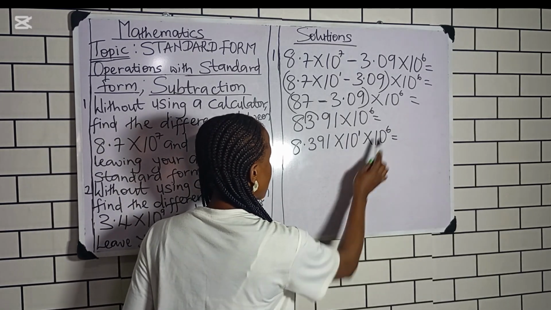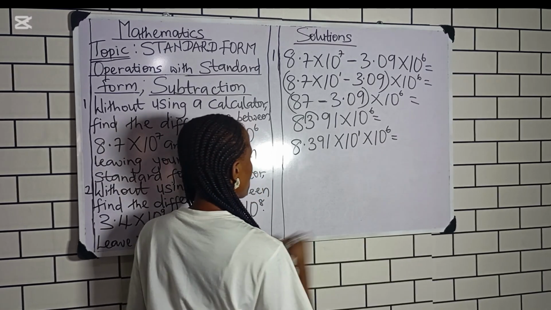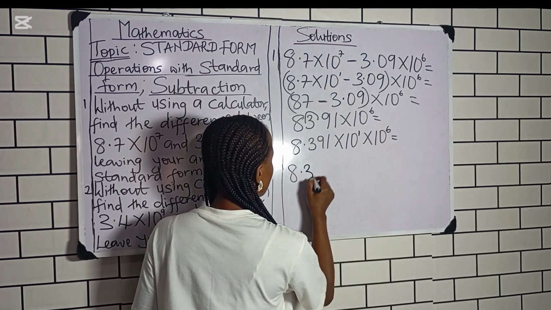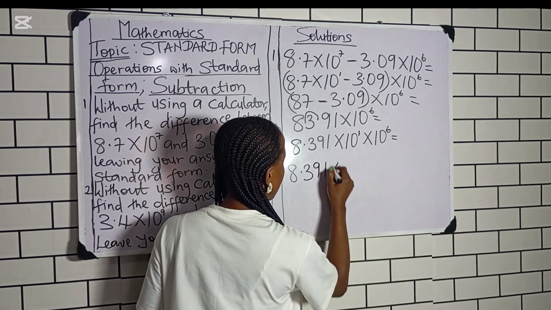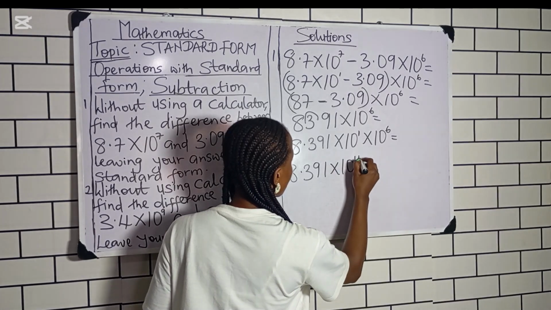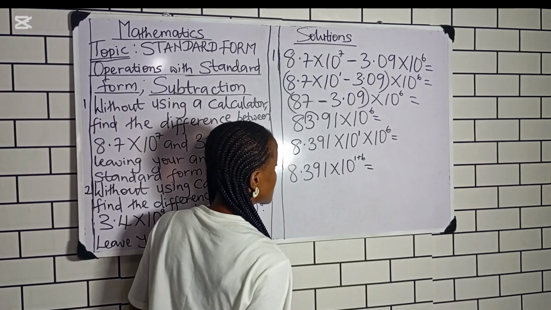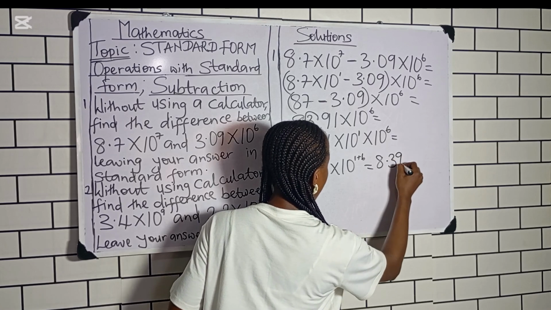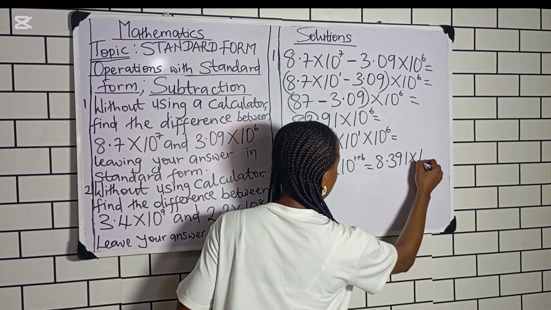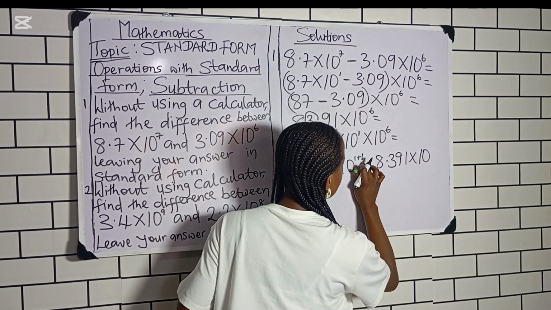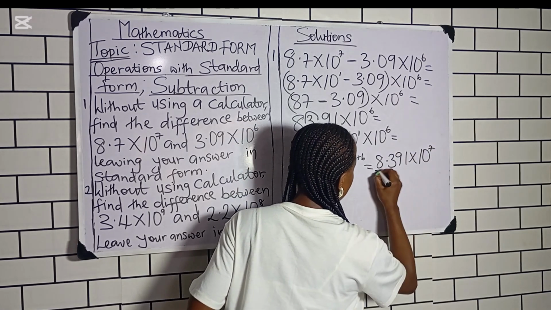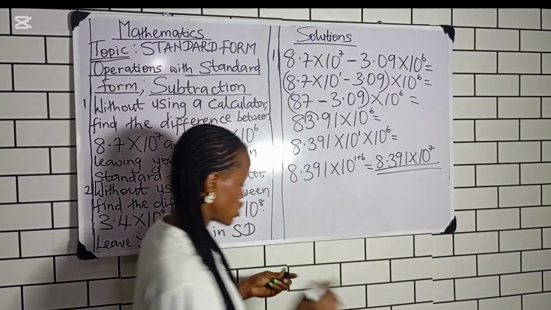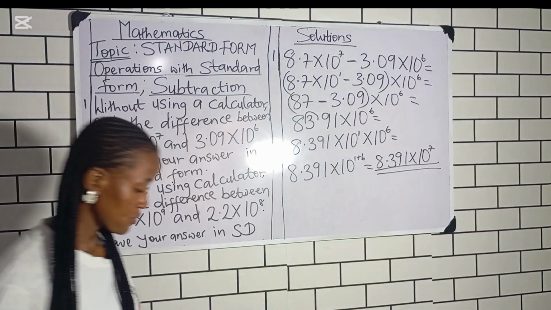Therefore, we are going to add the powers. This will give us 8.391 times 10 raised to power 1 plus 6 here will give us 7. This is our final answer for question number 1.